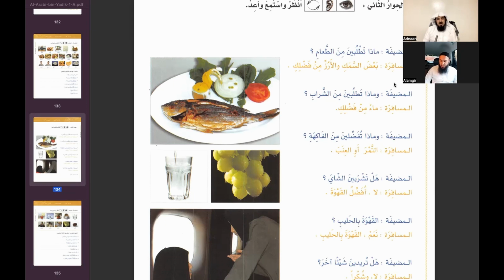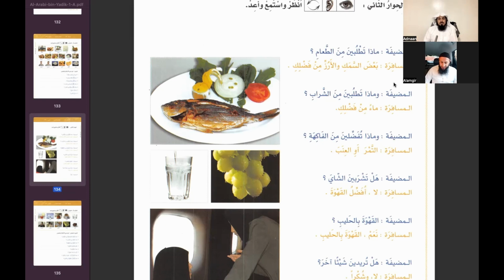Wa means and, aw means or. So she's not saying dates and grapes, which would mean bring both. Dates or grapes means either this one or that one.